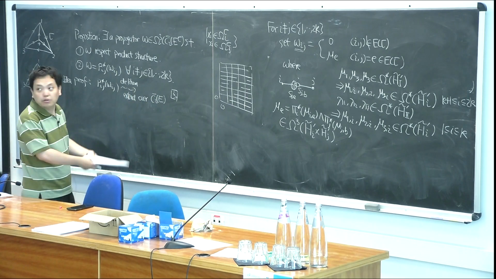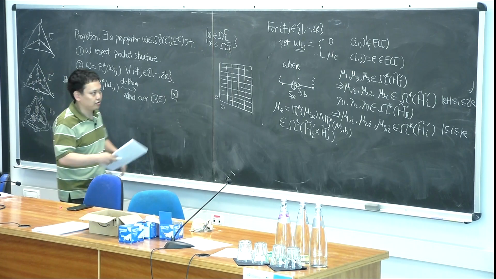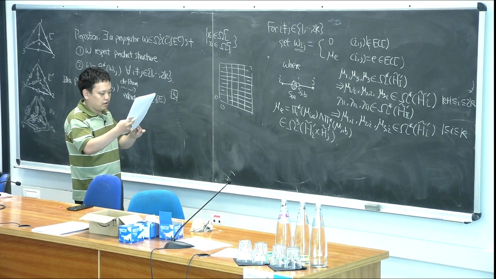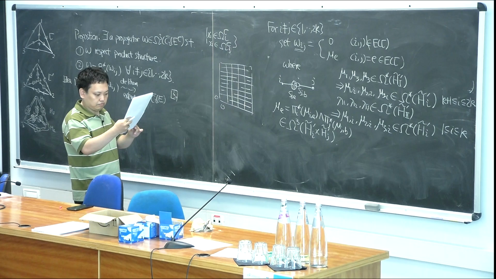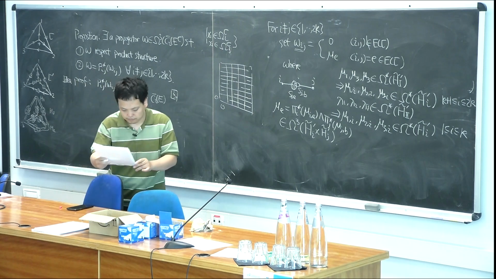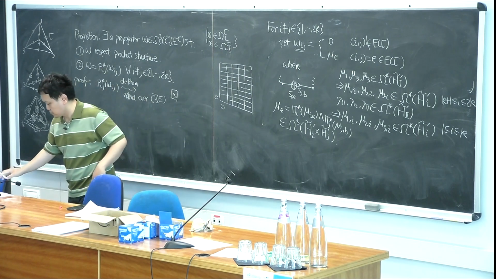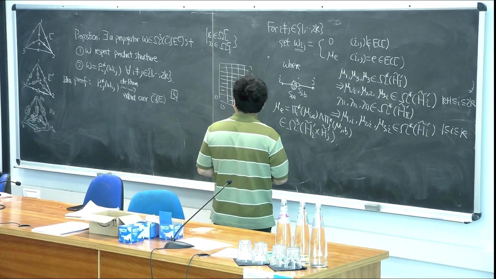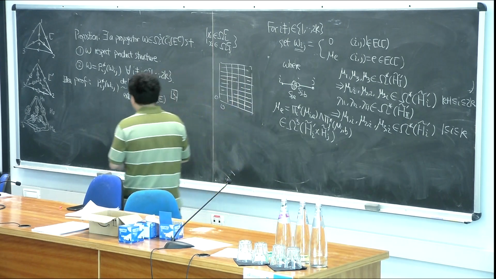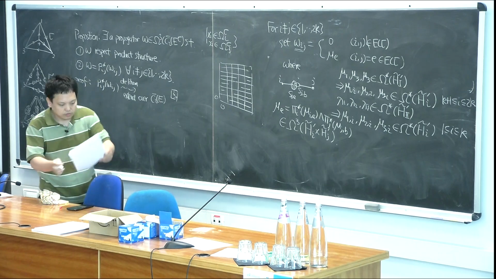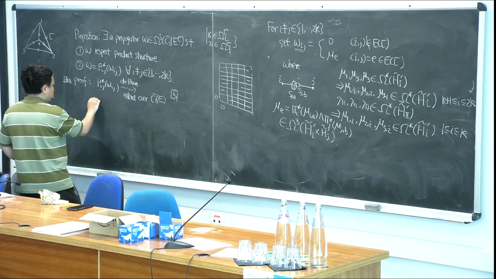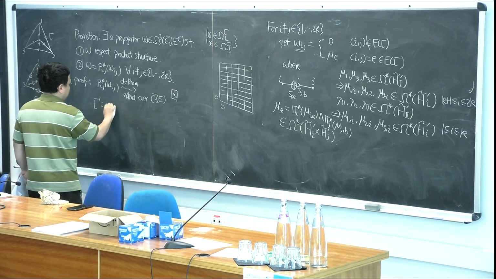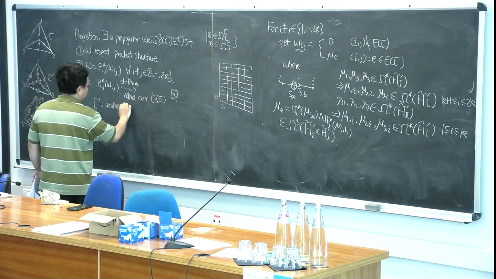All right, now we are ready to do the final calculation, assuming this lemma. We let gamma prime be another trivalent graph.